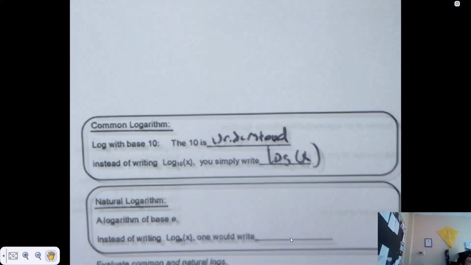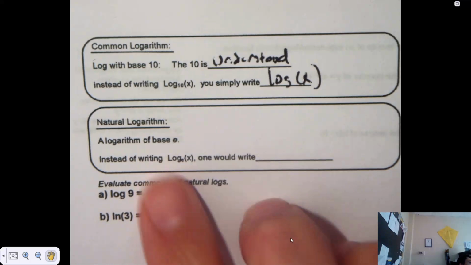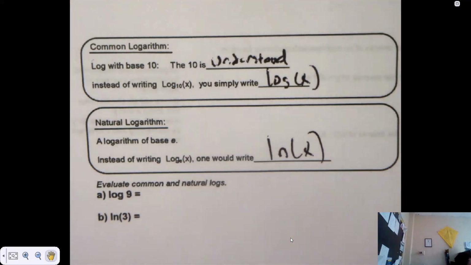Then we have the natural logarithm. It's a logarithm of base e. It actually does exist on your calculator. We don't write log base e of x, we write ln. It's called the natural log, but we write ln. It's log natural. It's French. Euler, remember e, Euler's number? He was French.